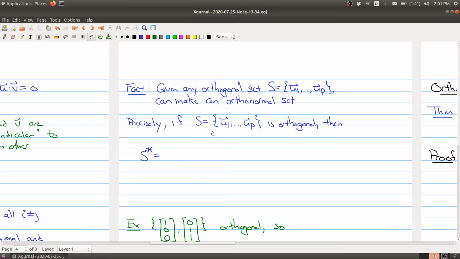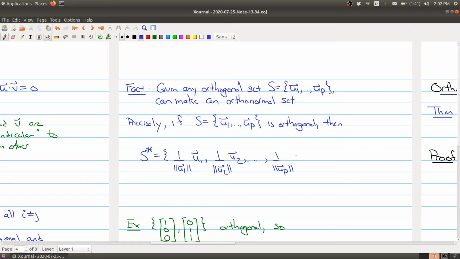Let's say you have a set of vectors that's orthogonal. We make a new set where we take 1 over the length of the first vector and use that as a scalar to multiply my vector u1. Then I do the same thing for my vector u2, and I move all the way through my vectors.